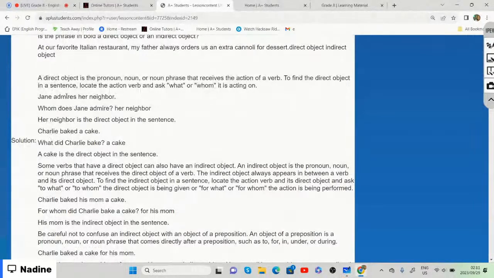So once again, a direct object is the pronoun, noun, or noun phrase that receives the action of a verb. And to find the direct object in a sentence, we need to find the action verb and ask what or whom is it acting on. For example, Jane admires her neighbor.